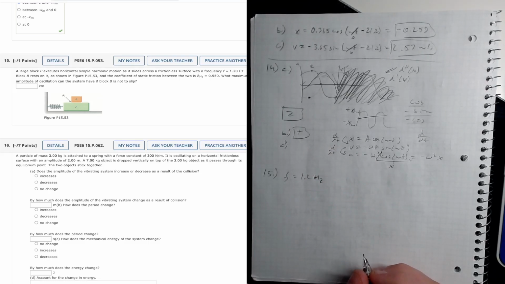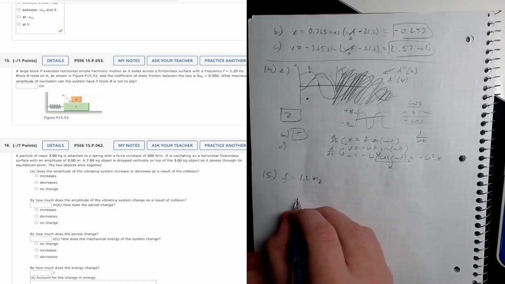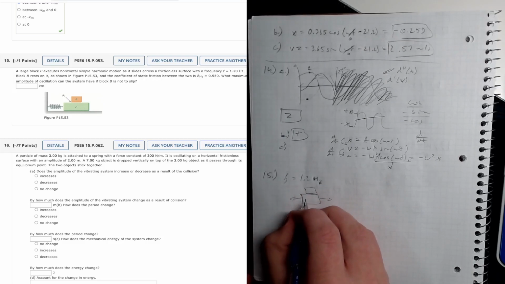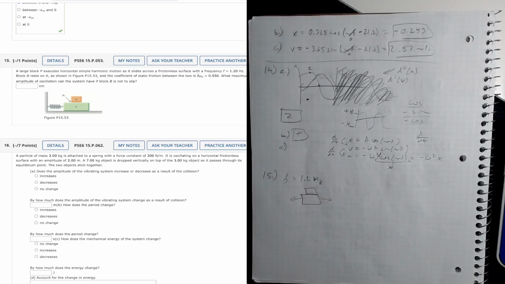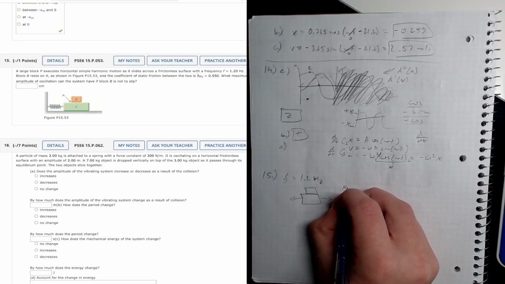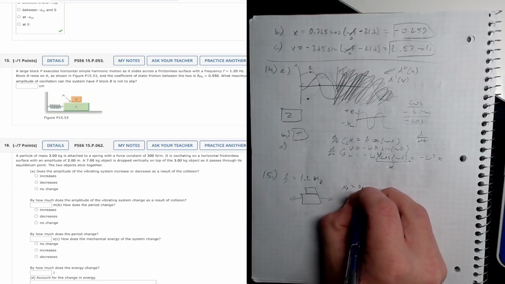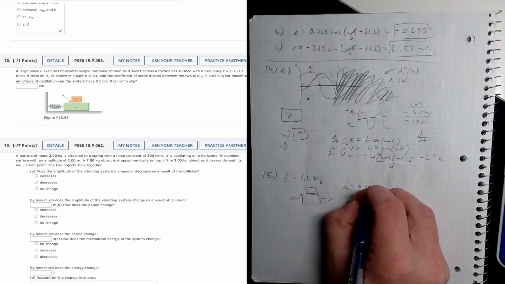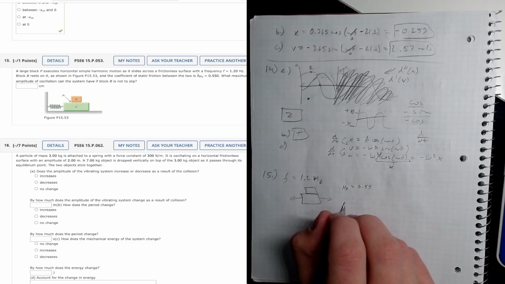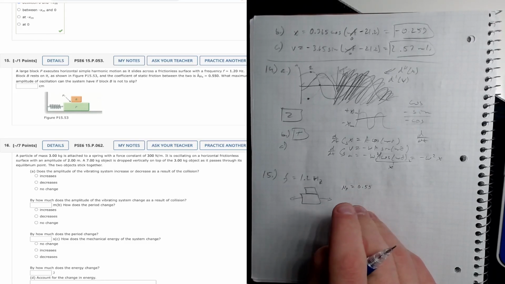Block B rests on it. The coefficient of static friction between the two is mu sub s equals 0.55. What is the maximum amplitude of oscillations that the system can have if block B is not to slip?